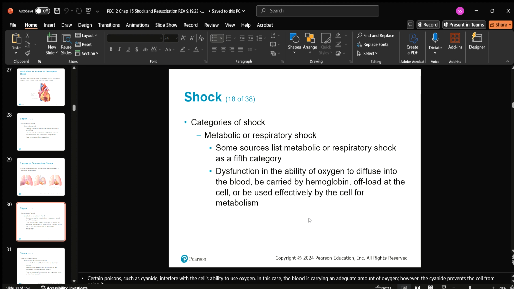So if your hemoglobin has all that carbon monoxide bound to it, your pulse ox might say 99%, 100%, 98%, all excellent readings, but in reality, they don't have much or any oxygen in their blood. A side effect of carbon monoxide poisoning is cherry red lips, or just a red tint to their skin.